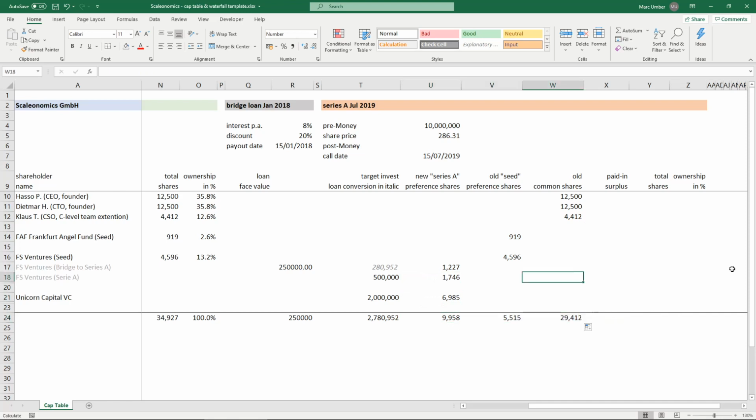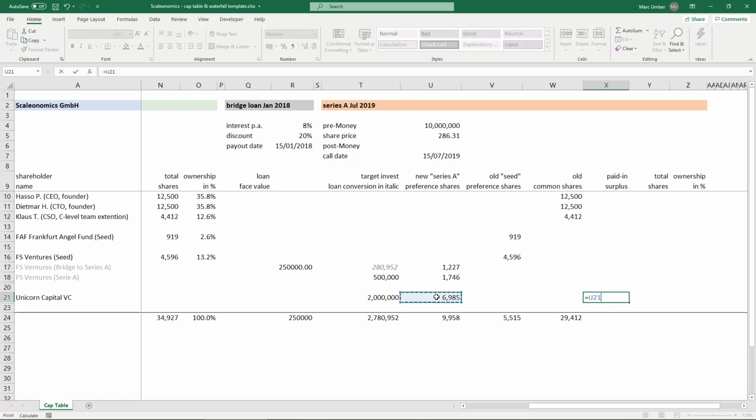Let's make this complete. So now is the time to calculate the paid in surplus. We take the number of shares that Unicorn Capital already paid 6,985 euros for, which is the nominal value, times the share price minus 1, which is 1.992 million euros.